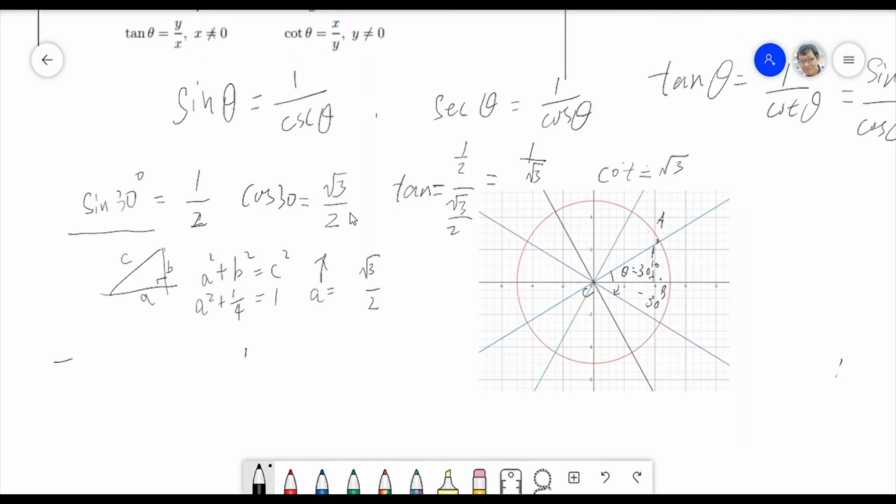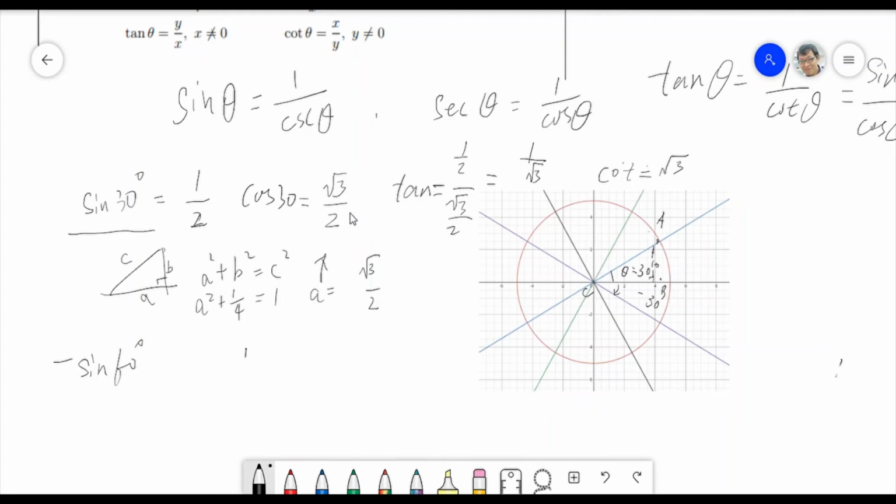And another special one will be what? 60 degree. If we still put it in a right triangle, the opposite angle will be 30 degrees. So we just change the position of that angle, right? When we have 30 degrees, 60 degree, and 90 degree in this right triangle, but right now we change to 60 degree, the triangle has no change.